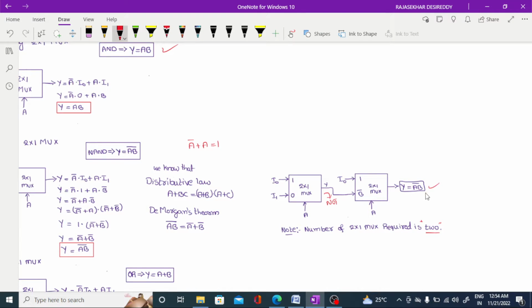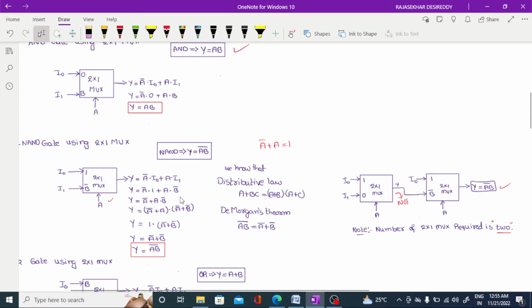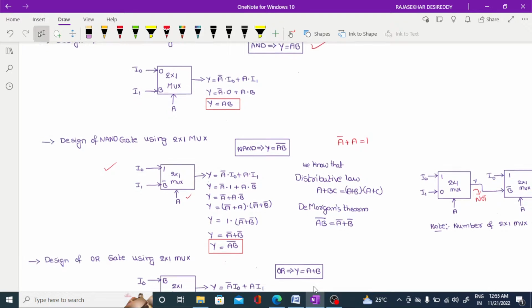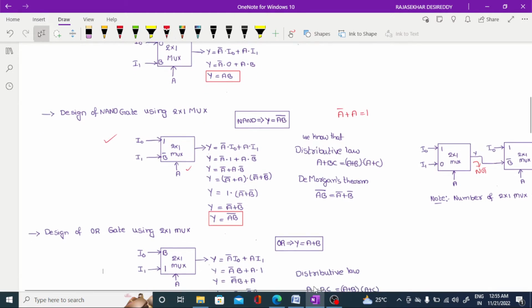So we will get a into b bar, which is what we just observed. Hope you understand. So both are the same, you can follow this one. It is correct only. But you need to remember the note point here.